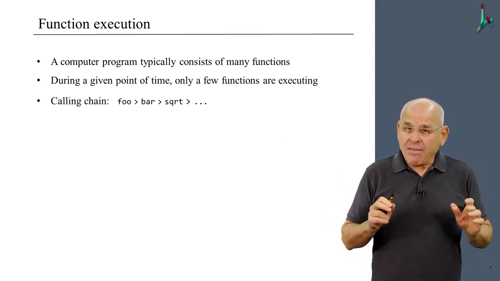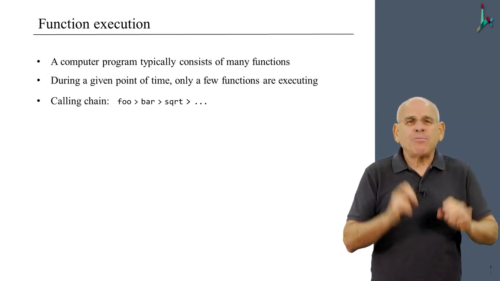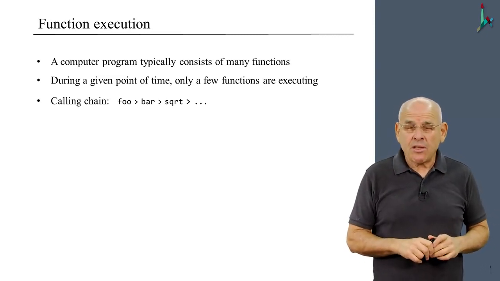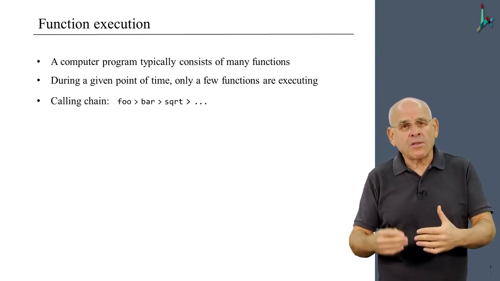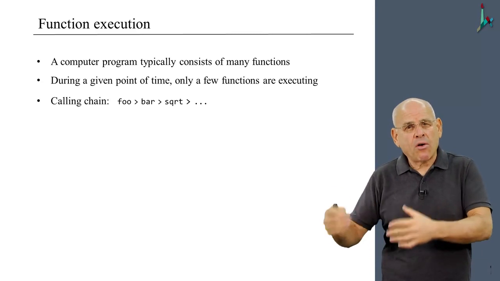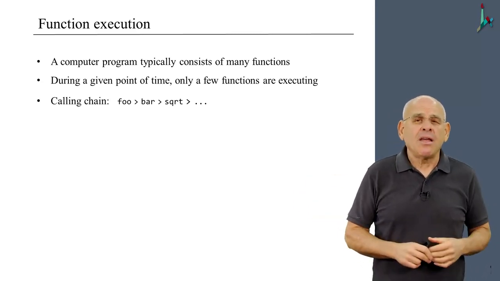And yet, at any given point of time, only a very small subset of these methods are actually doing something. For example, foo calls bar, and bar calls square root, and square root may call something else.